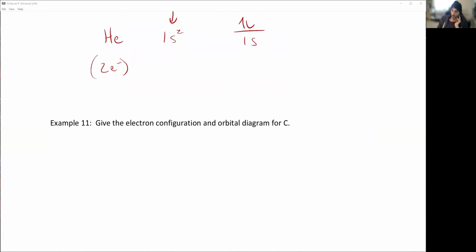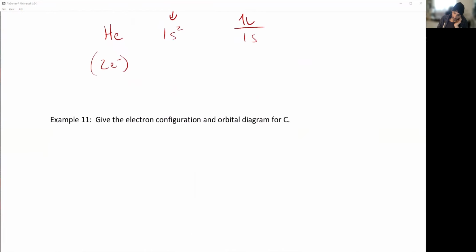Give the electron configuration and orbital diagram for carbon. So carbon has a total of 6 electrons. The first thing that is going to fill up is the 1s, and we can fit 2 electrons in there. So I have 4 electrons left. This is my electron configuration. Next thing that's going to fill up is the 2s, and that's going to have 2 electrons.